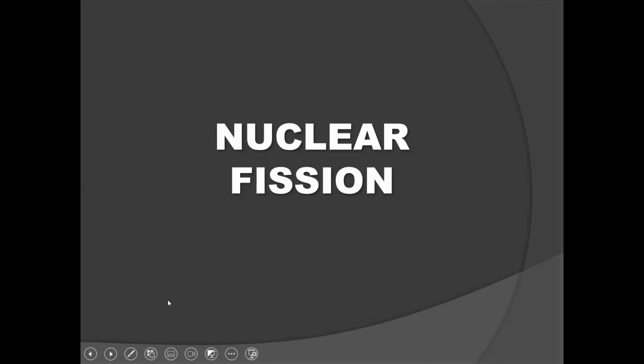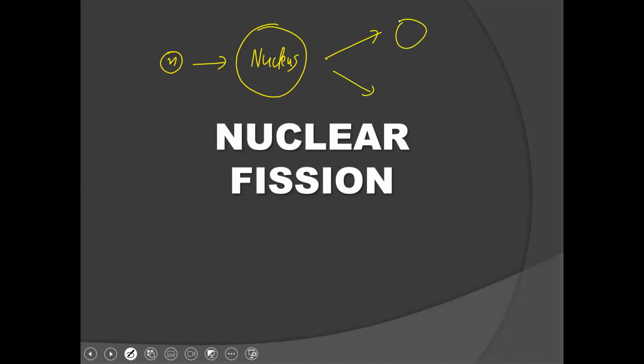Now, first make the concept that you have a heavy nucleus, a big nucleus. When the heavy nucleus splits into two smaller ones, and you send a neutron, the nucleus breaks into smaller nuclei along with some neutrons and a lot of energy. This process is called nuclear fission.